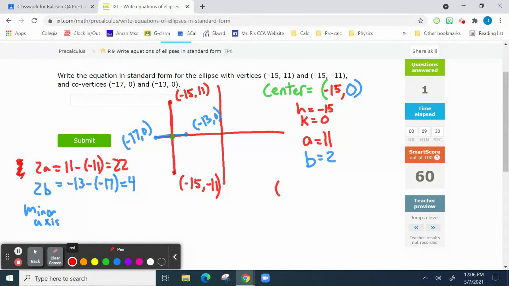X minus negative 15, x minus h squared over, let's see, let's make sure we get this right. So over 2 squared, right? Because the x dimension is the minor axis. So that's going to be your b.